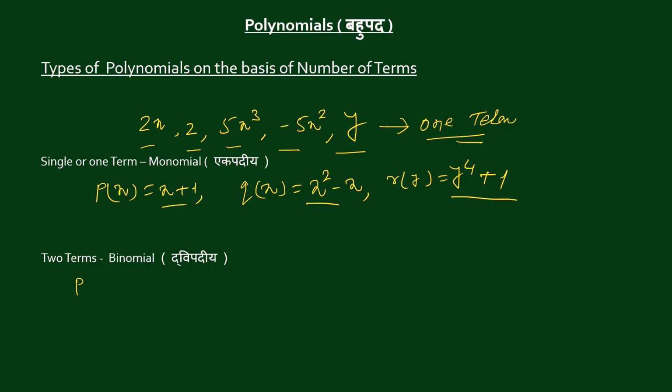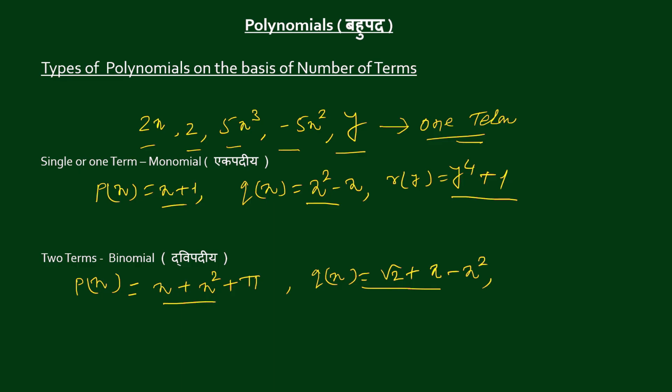Now let us take p(x) is equal to x plus x square plus say pi. q(x) is equal to root 2 plus x minus x square. So both these polynomials have three terms in them.